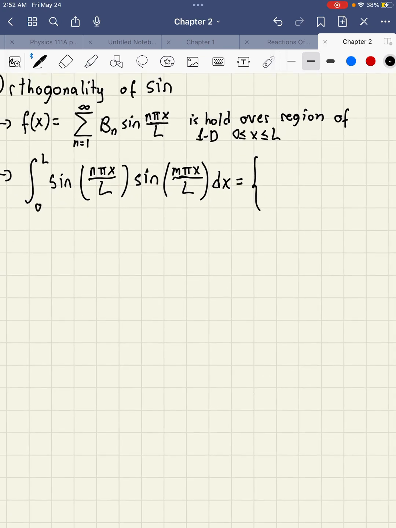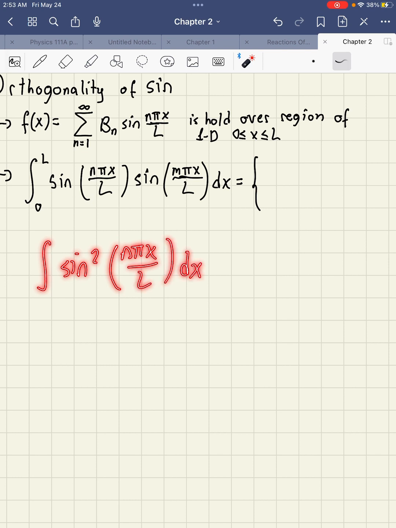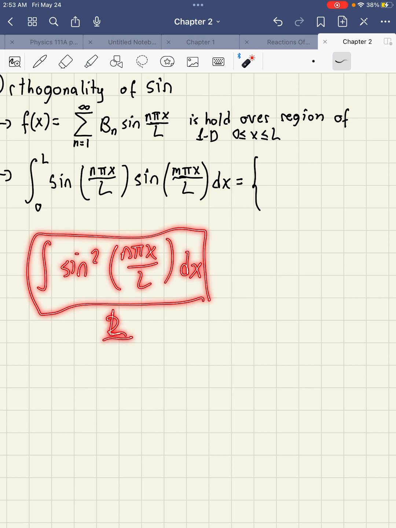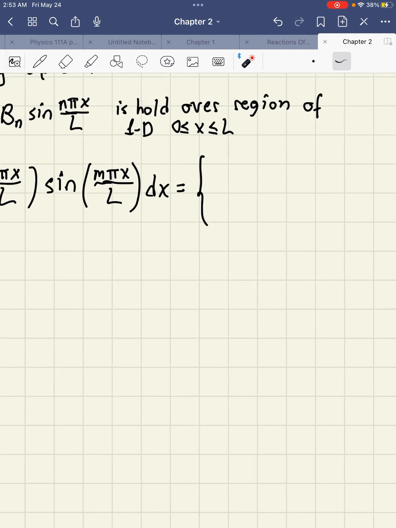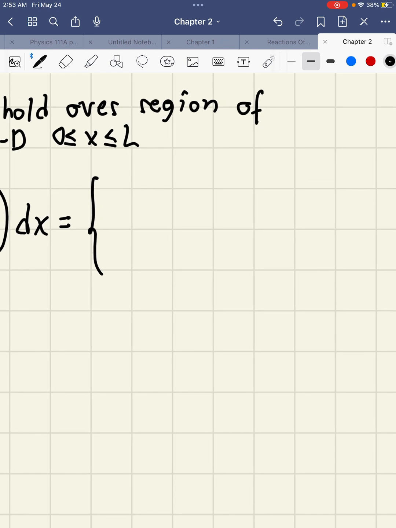If n is equal to m, our integral becomes just the integral of sine squared of n pi x over L dx. Then I can integrate this, which will give me L over 2. So one solution is that I get L over 2 for n equal to m.